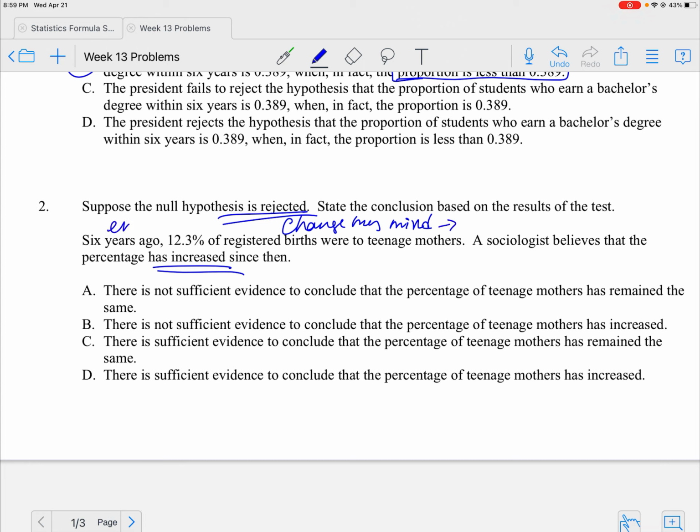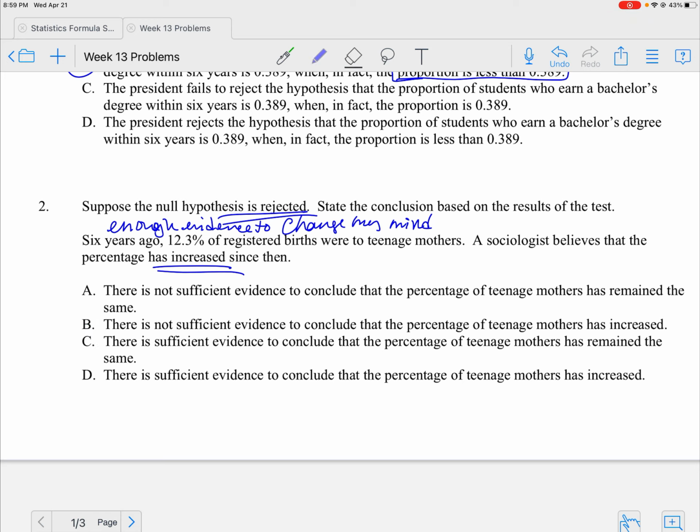You have enough evidence. And let me write it over here. There is enough evidence to change my mind. That's what you're doing right now. So I'm rejecting what my original thought was because I have enough evidence. That means there is sufficient evidence. I grabbed the wrong one there.